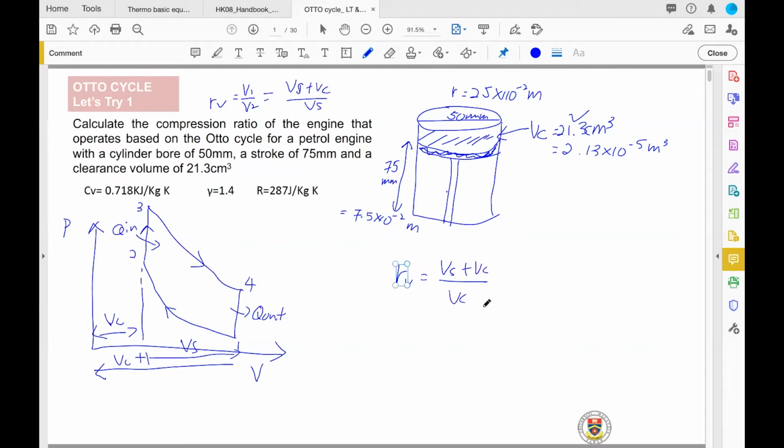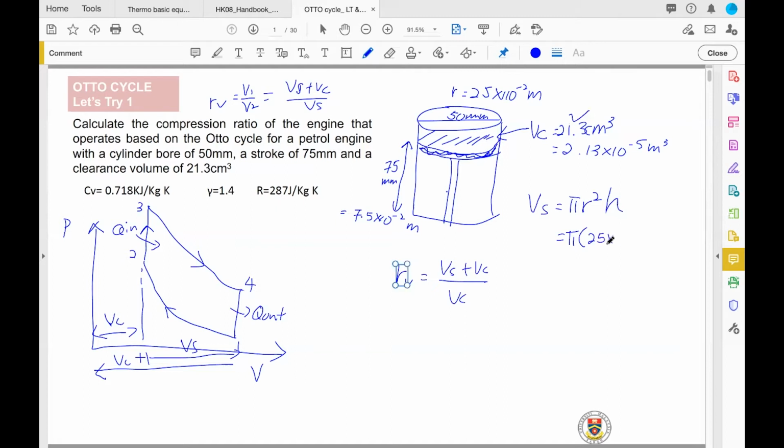But we don't have the Vs yet. The Vs is pi r squared h. The given one is the diameter, so you have to change it to radius.